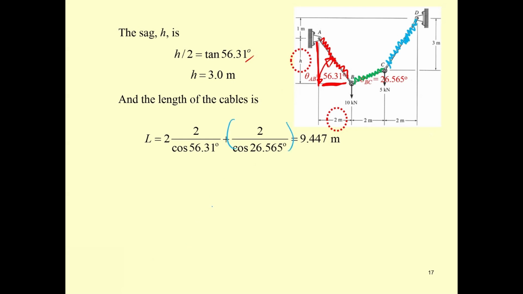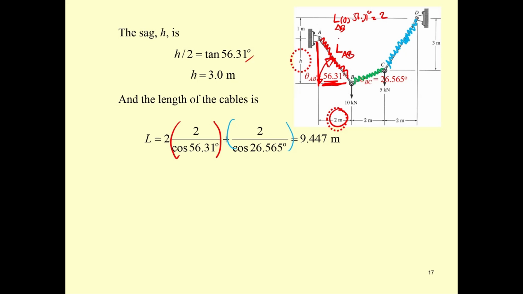It's not that hard because the angle over here is 56.31. This is L. We have L and then cosine 56.31 is going to be 2, right? So the length L sub AB cosine is 2 meters. So you get this one.